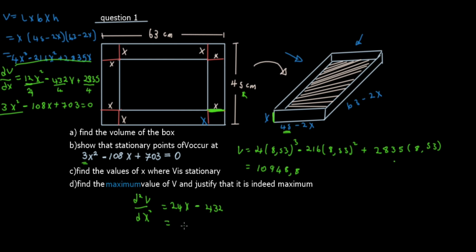Now let's substitute whatever we have. 24 multiplied by 8.53 minus 432.